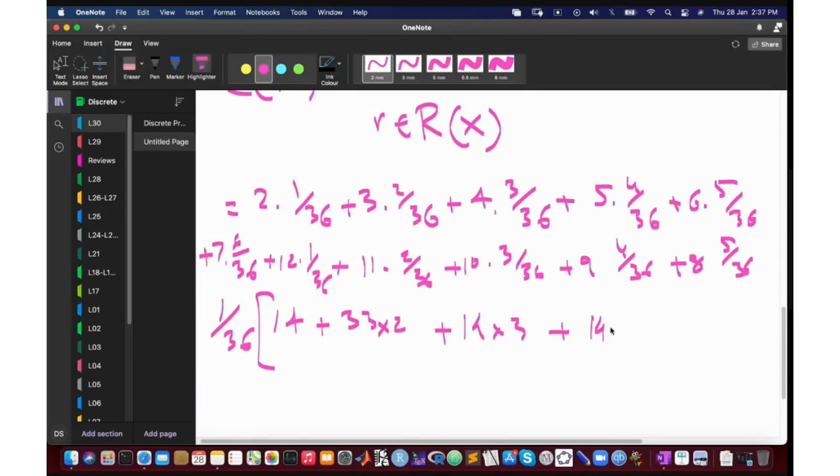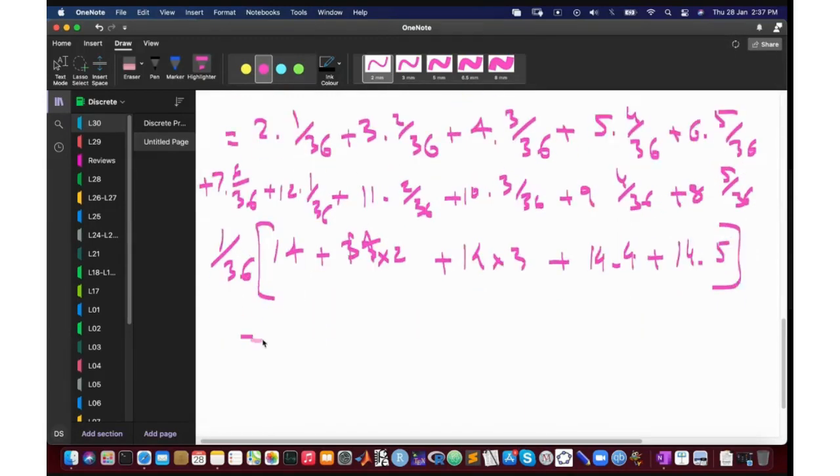Oh, sorry, मैं क्या कर रहा हूँ? All of this should be 14, है ना? Yes, sir. All of this should be 14 times 4 and 14 times 5. Okay. Let me get 14 out. And then I'm left with 1 plus 2 plus 3 plus 4 plus 5.